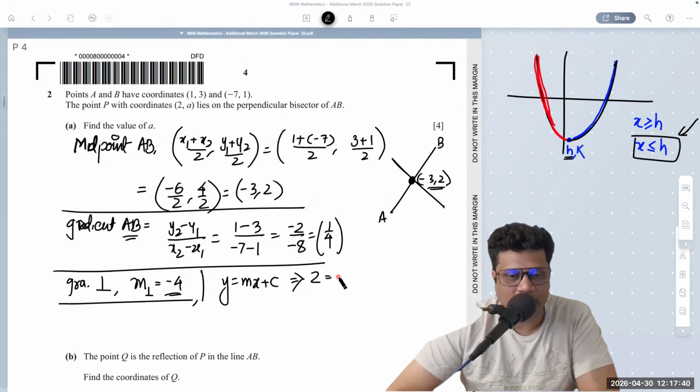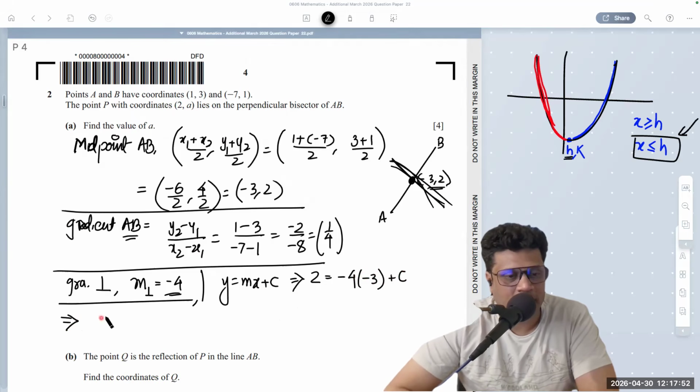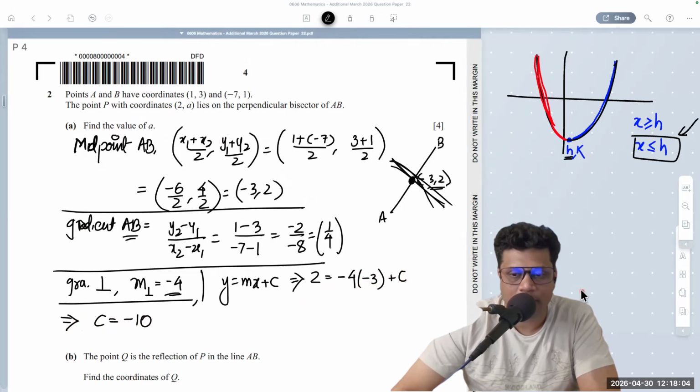M, you know, is a minus 4 for this perpendicular bisector. And then x is a minus 3 and plus a c. So I'm going to find out c from here. C comes out to be 2 minus 12, that's a minus 10. Okay.